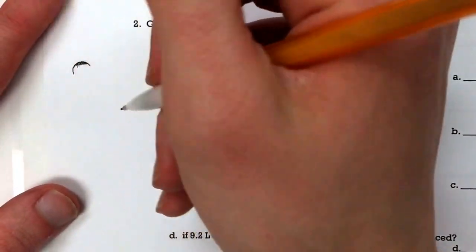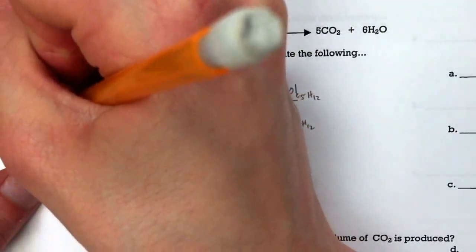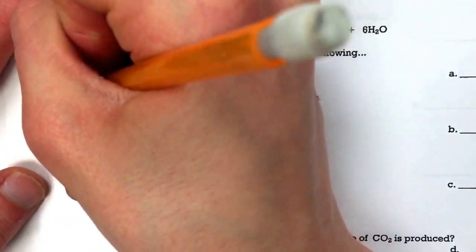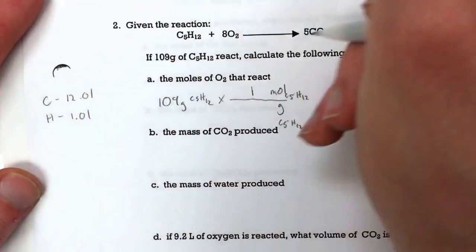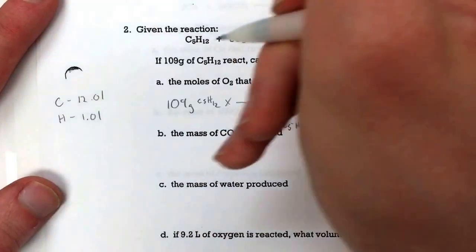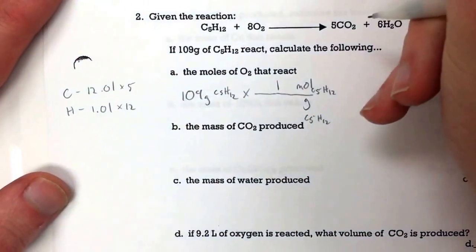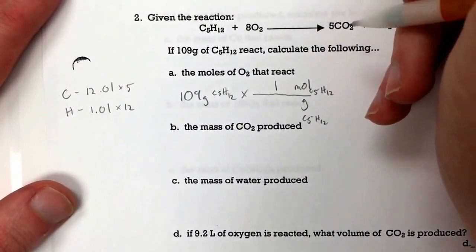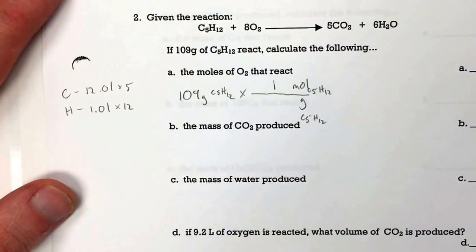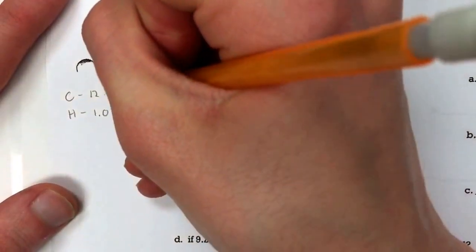So off here on the side, we're going to do that calculation. So I have carbon and I have hydrogen, okay? My carbon mass is 12.01. My hydrogen is 1.01. Okay, now for carbons I have 5 of them, and for hydrogens I have 12. So 12.01 times 5 is 60.05.